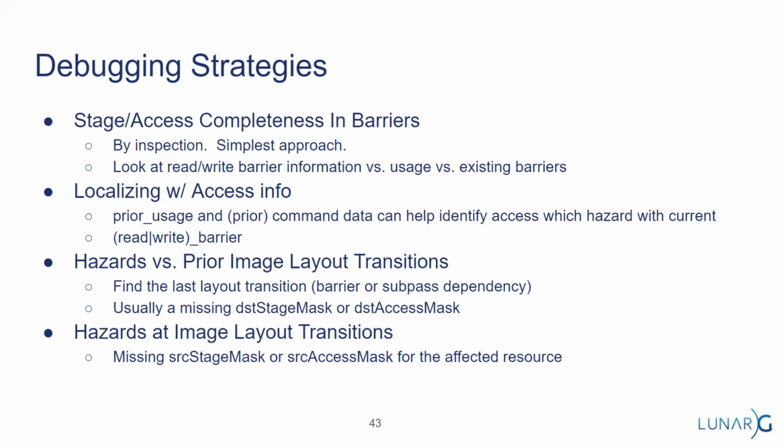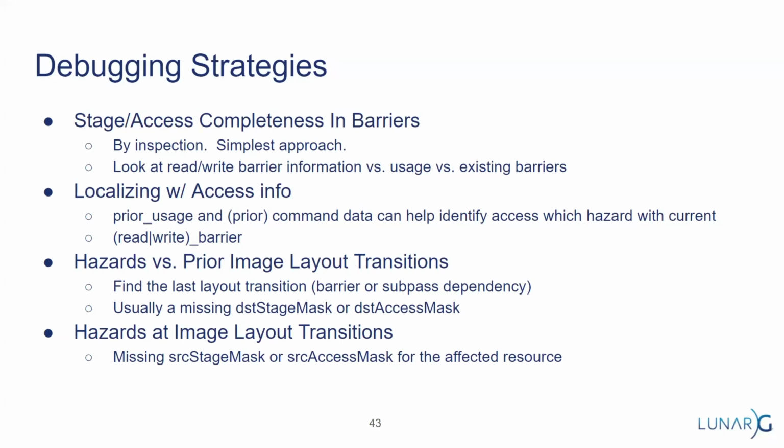The hazards you get versus prior layout transitions are really about the dest stage mask and the dest access mask, because since an image layout transition happens between source and dest, if your hazard is versus a prior image transition, then you've got a missing stage in one of your dest masks, where splat is star.